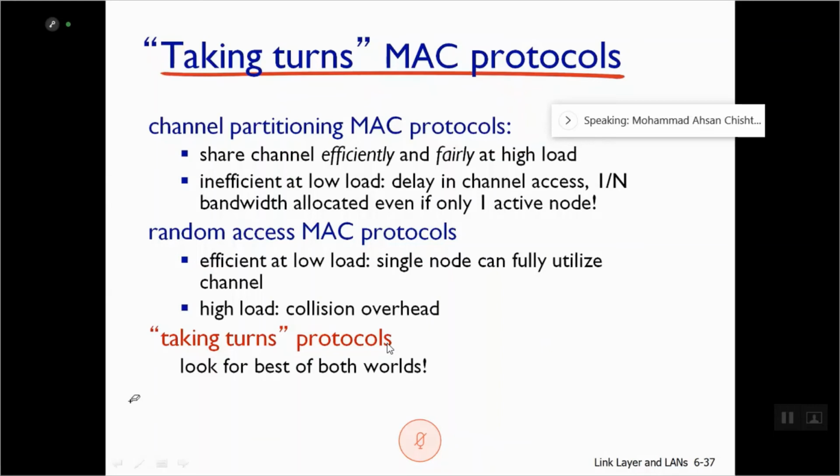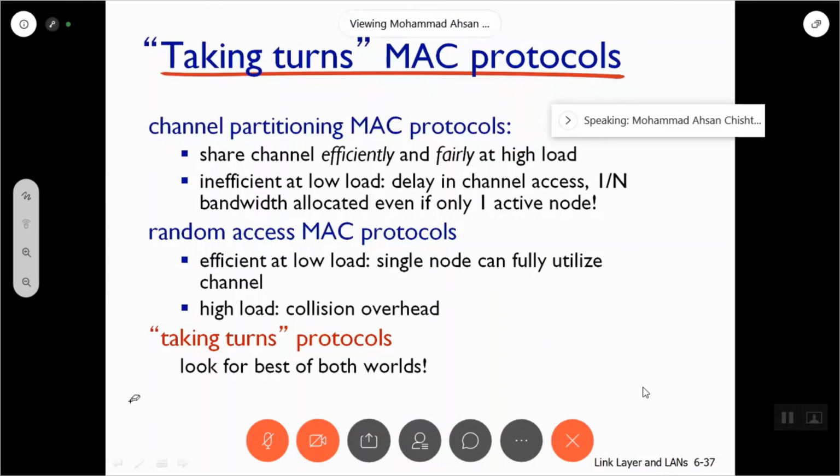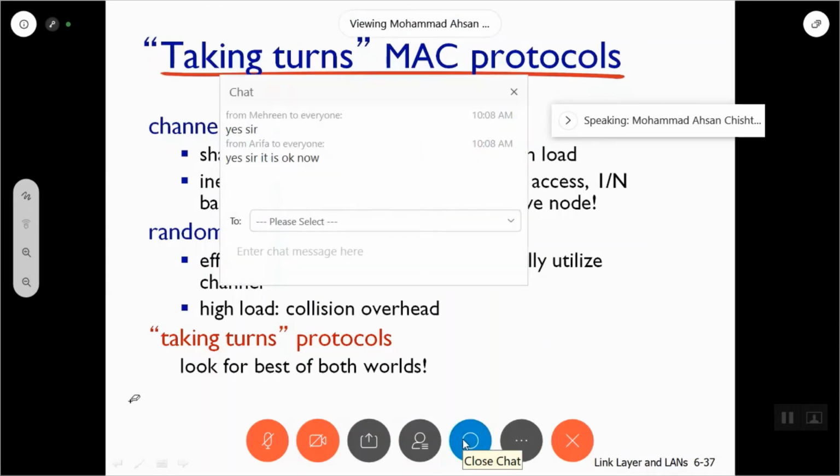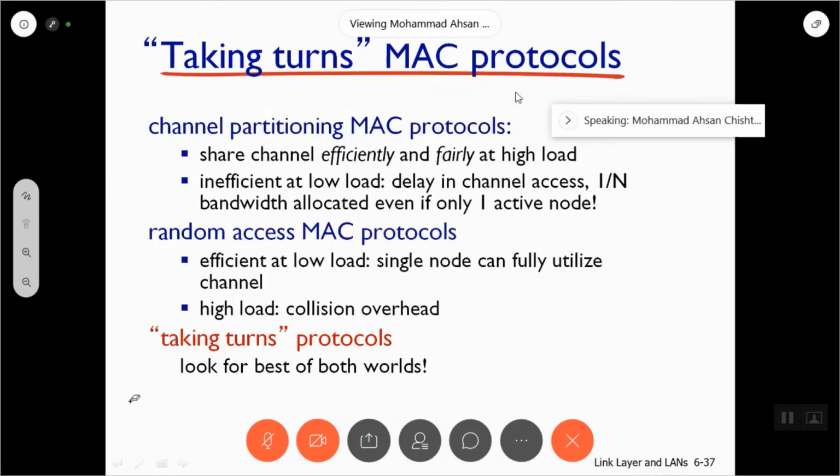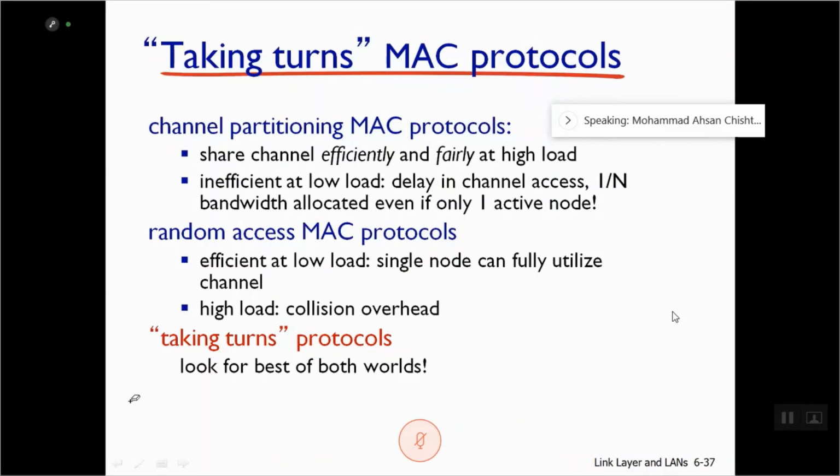With the previous ones, like FDMA and TDMA, we saw that you divided it based on the number of nodes. But the problem was that even though there is only one active node, you still did not get R bits per second. But Aloha and CSMA had the property that if only one node is transmitting, it gets R bits per second.